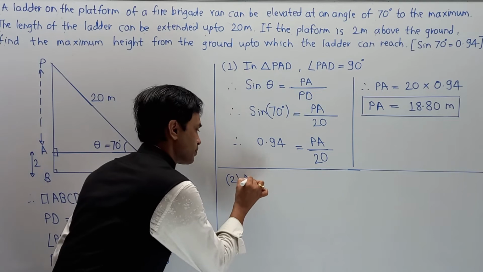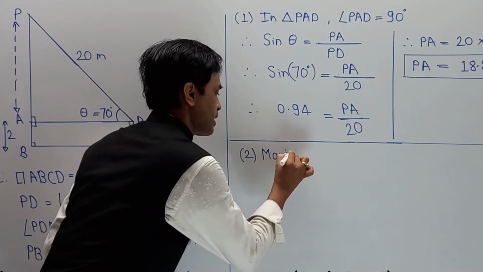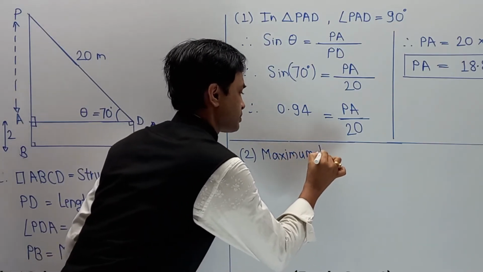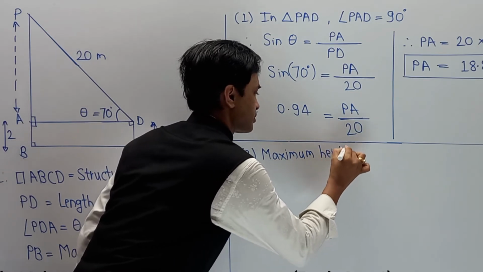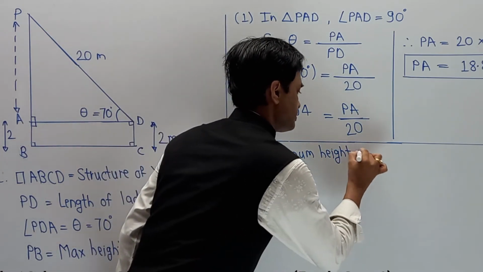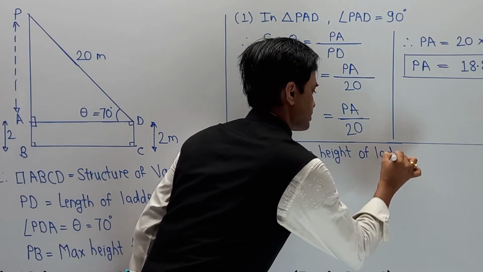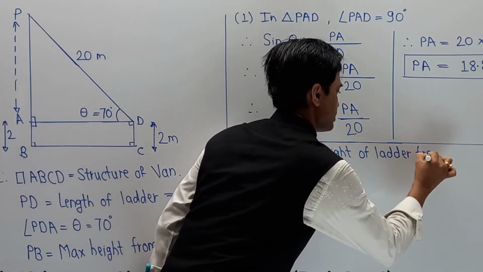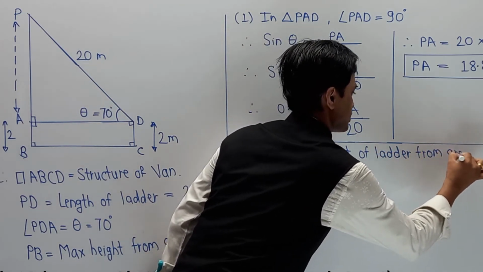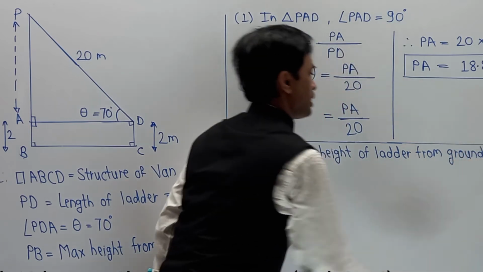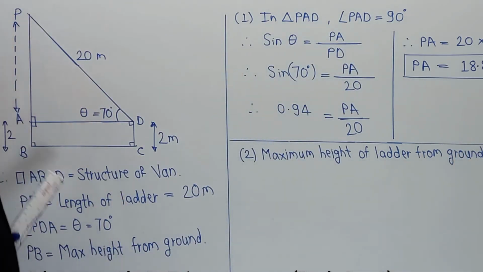So you can have the maximum height of the ladder from the ground, and this part is PB.